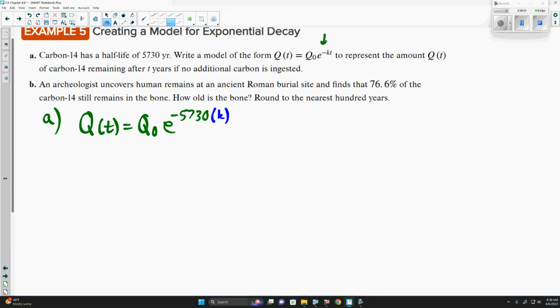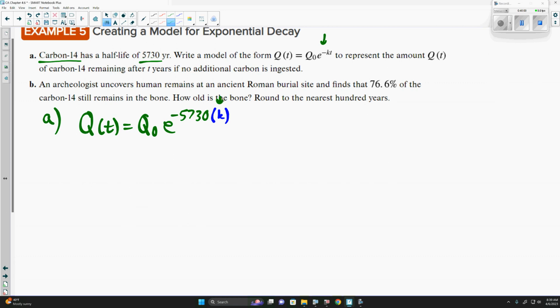So we're saying, and this is finally starting to make sense, and I'll explain it here. Half-life signifies that something, here in this case carbon 14, after 5,730 years is half of its original amount. So if our original amount was 1, in 5,730 years, we are at half of the original amount.